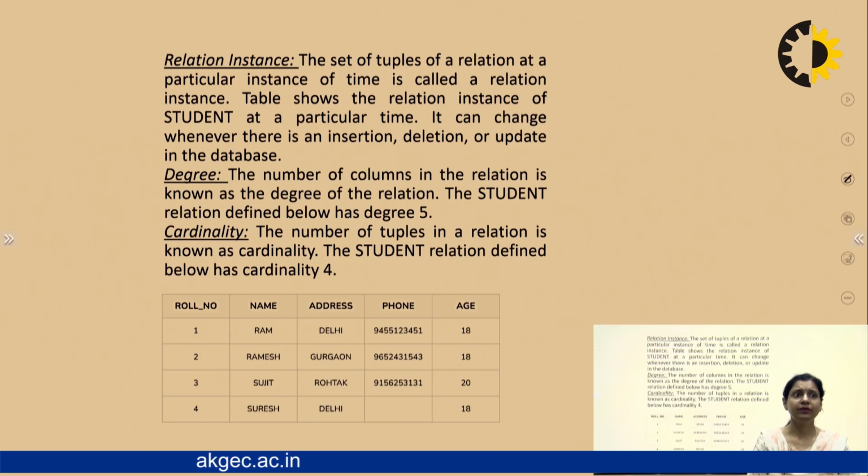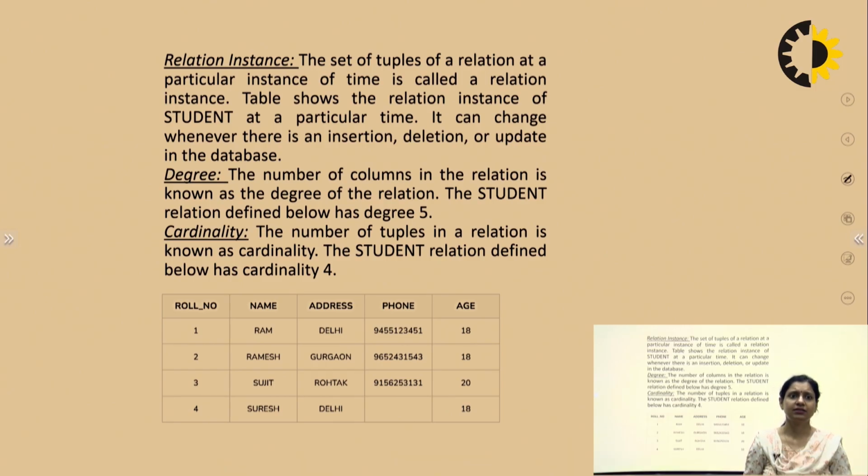The next thing that we have is relation instance. The relation instance is, at a particular instance, the number of rows that are there in the relation. At a particular point of time, the number of rows that are there in a relation is a relation instance. It may increase or decrease after a certain point of time.